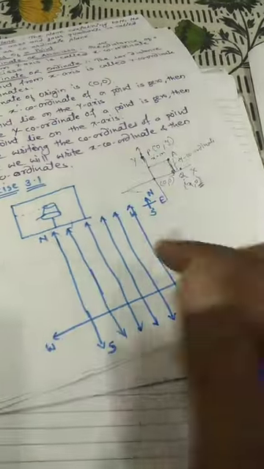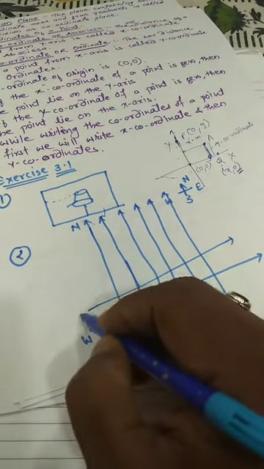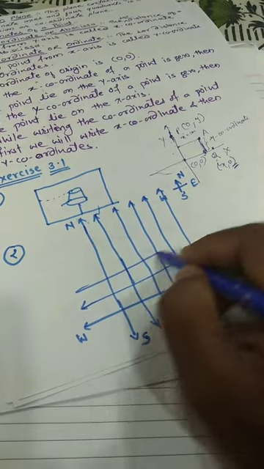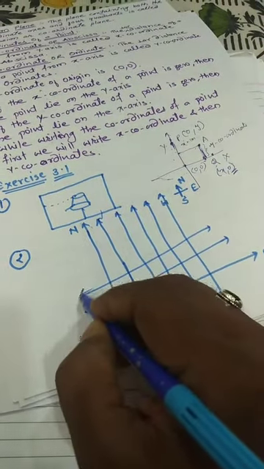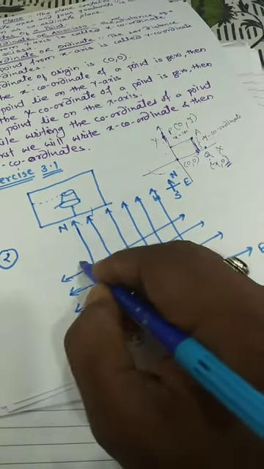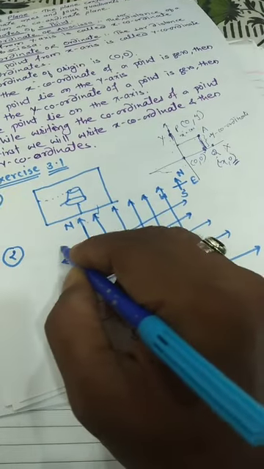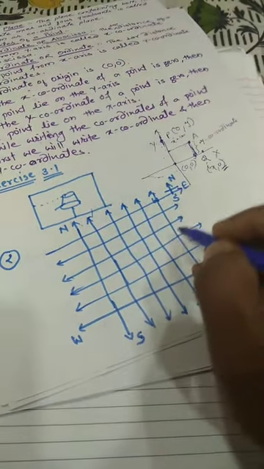Same way, horizontally 5 streets are there: 1, 2, 3, 4, 5.